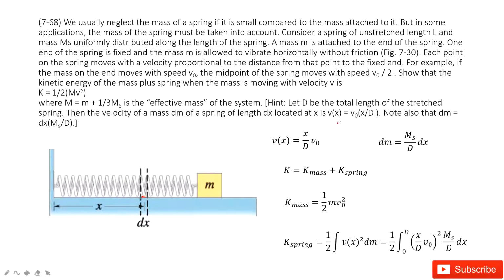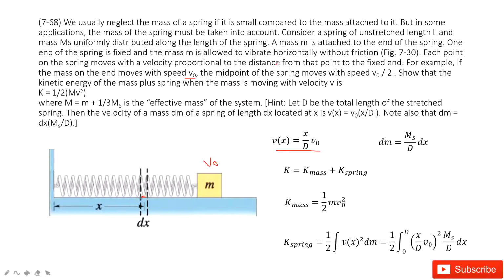This vx equals x divided by d times v0. Here v0 is the speed of the mass on the end, so the velocity of the mass is v0. So for the cut fraction dx, the velocity is this one.